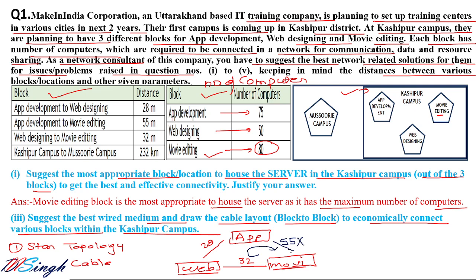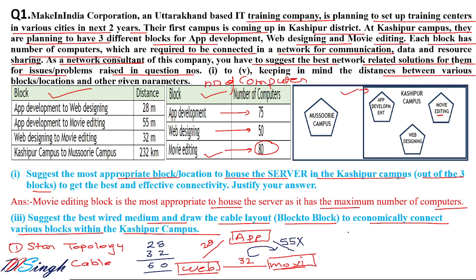So that's why we will not take this particular link. We don't want to make loops inside our network. Fine, so loops should be avoided. This is one way of connecting, 28 and 32. So the sum will be 60.